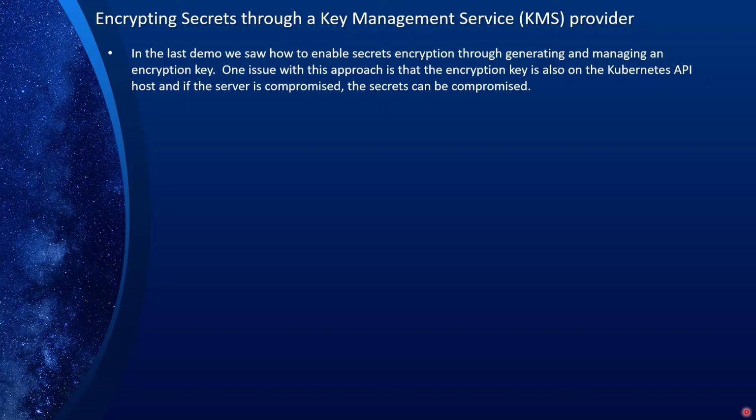The only problem with that method is the key also resides on the API server. So in case the server becomes compromised, the hacker will also have access to that key.